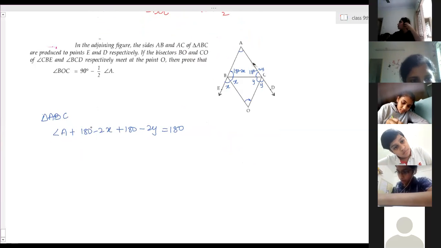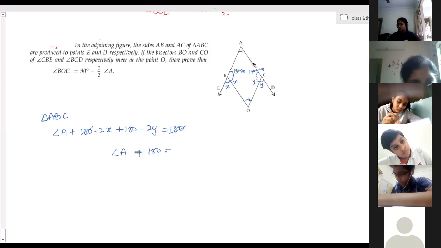Here this 180 cancels because it will go to that side, 180 minus 180, 0. So angle A plus 180 is equal to 2x plus 2y. Minus 2x minus 2y go to RHS, will become plus. 2 into (x plus y) is equal to A plus 180.